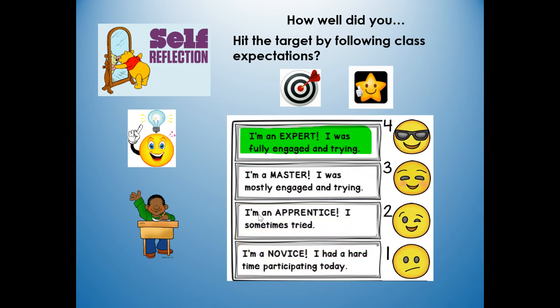I was fully engaged and trying. Did you try your best? Or would you give yourself a 3? I'm a master. I was mostly engaged and trying. Or 2, I'm an apprentice. I sometimes tried. Or 1, I'm a novice. I had a hard time participating today. How did you participate in the lesson?